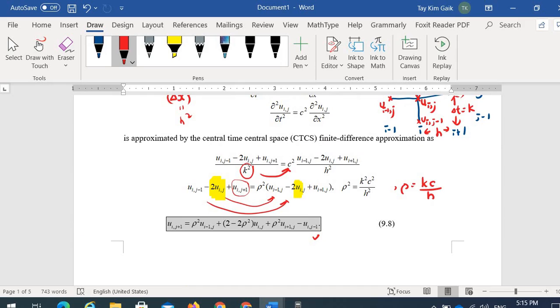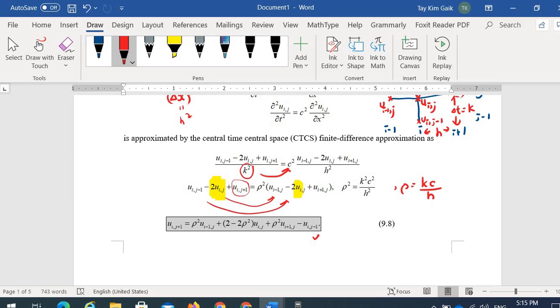Okay. Using 3-point central for time, 3-point central for space. U i,j plus 1 at the middle level: left cell rho squared, center cell at center level 2 minus 2 rho squared, this is rho squared, the right cell.